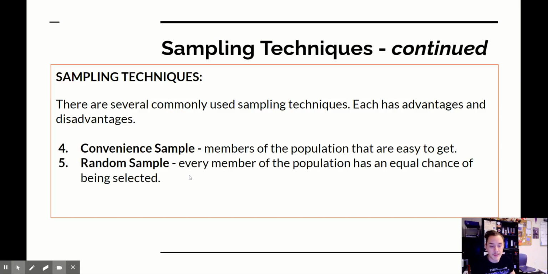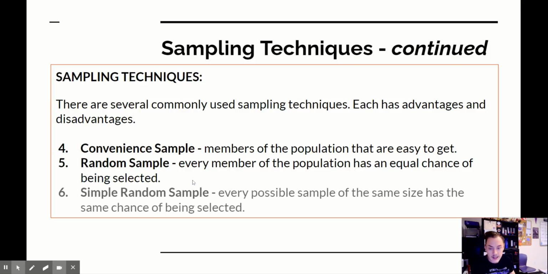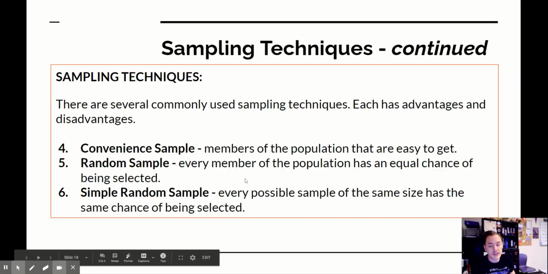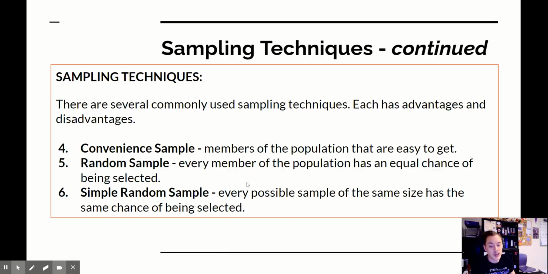Every member of the population has an equal chance of being selected. That's random. And then simple random sample is just every possible sample of the sample size has the same chance of being selected. Now, obviously, simple random is probably not true.